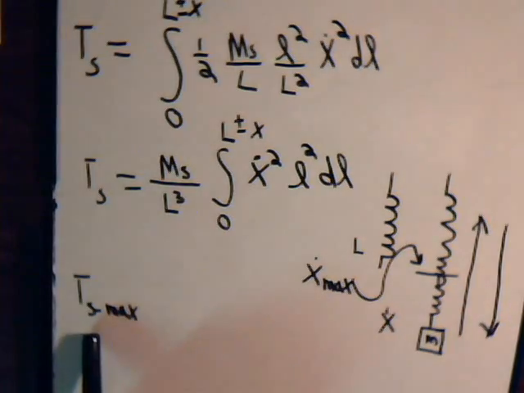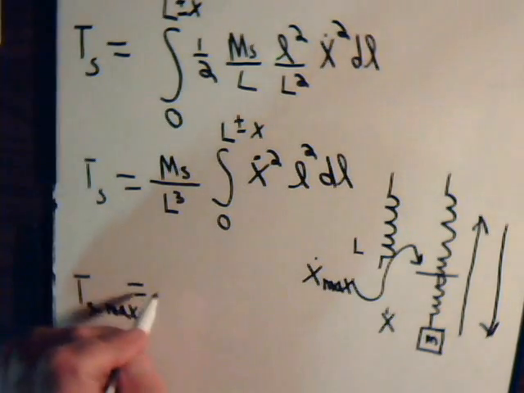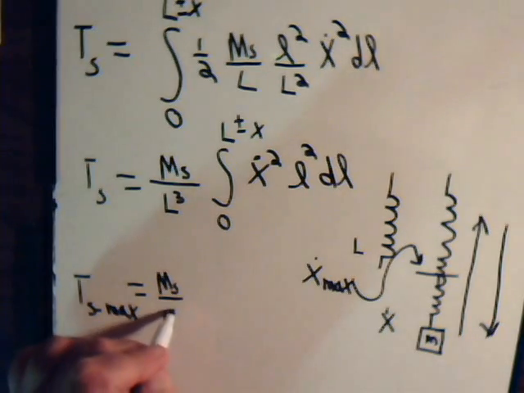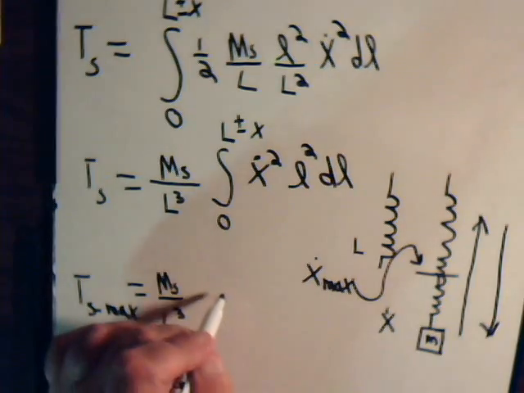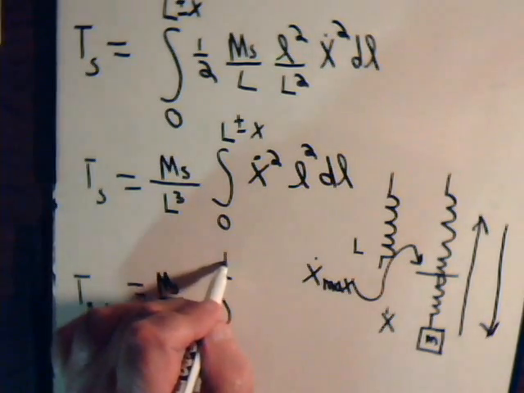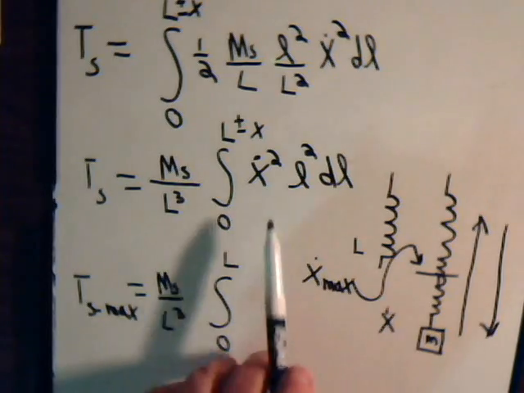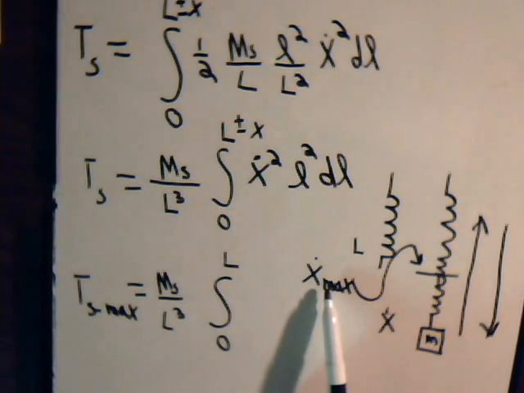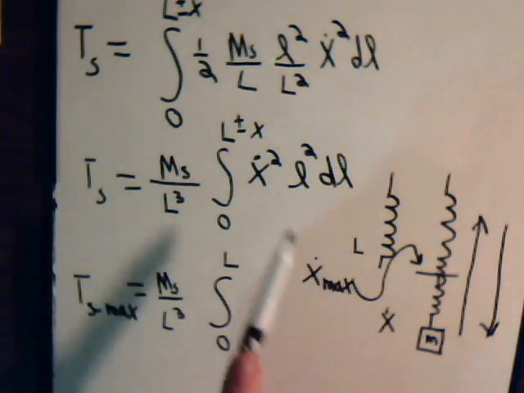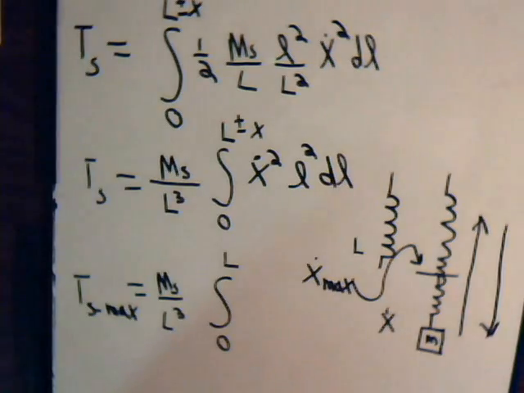When the spring has its maximum kinetic energy, it equals its mass divided by L cubed, and then for the integral, that's going to be 0 to L, and this is a maximum value, and that maximum value for the velocity is just some number. And we can take that number to the outside.